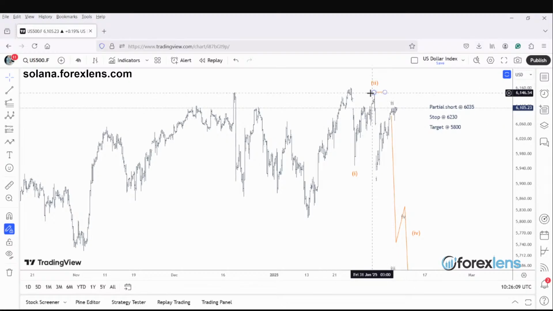So believe it or not, if this high around 6140 doesn't give in, if it pulls, then bears would be seriously inclined to reverse very sharply from here.